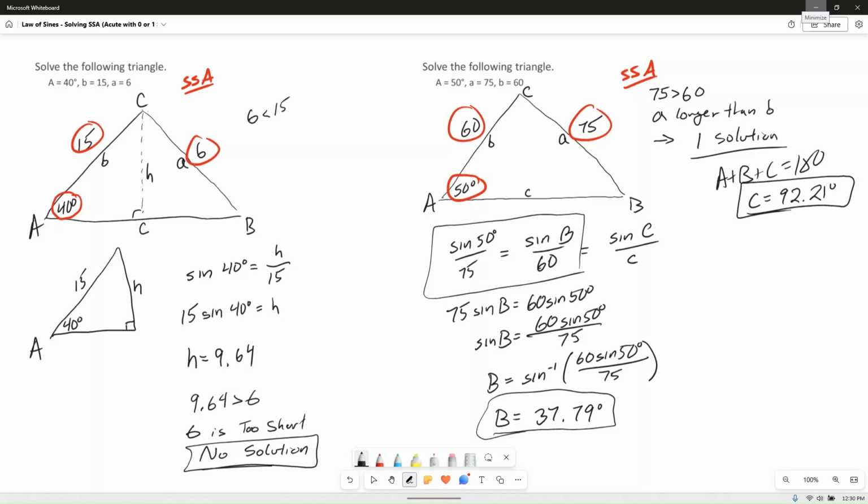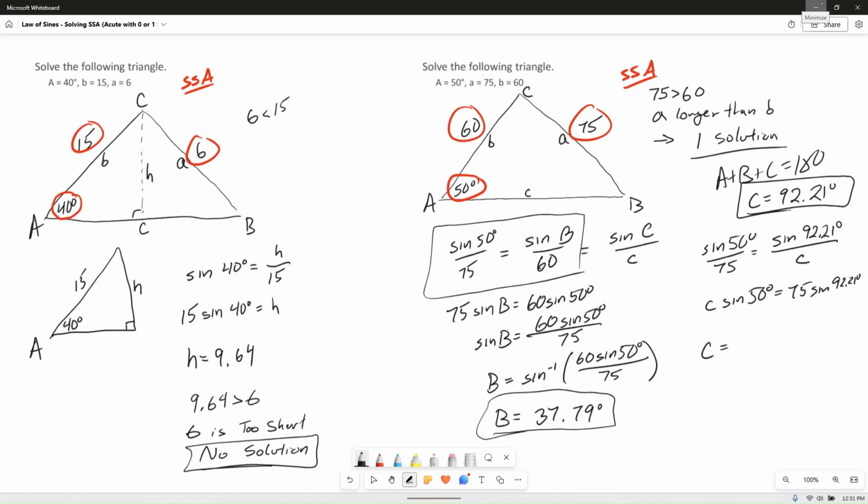So we now have all three angles, and we have one of the known values for the C fraction. So we can now go ahead and figure out side C. Let's use the A fraction with the C fraction. I'm going to use A because those were both given values. So I know the sine of 50 degrees over 75 is going to equal the sine of 92.21 degrees over side C. If we cross multiply, we'll have C times the sine of 50 degrees is equal to 75 times the sine of 92.21 degrees.